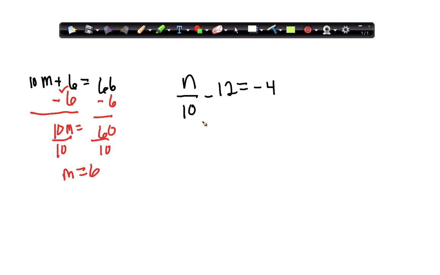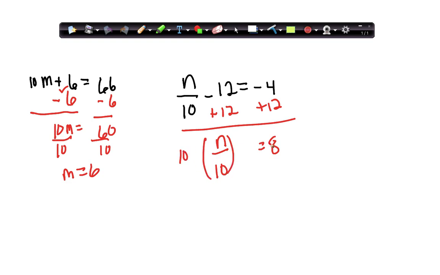Then what we would do would be to add 12, and we would get 8, and then we'd have just one step to undo, which is to divide by 10, and we'd multiply by 10. That's the inverse of dividing by 10, and so our original number would have been 80. So when I said think of a number that's a multiple of 10, 80 is a multiple of 10.